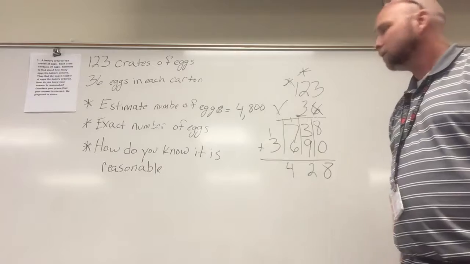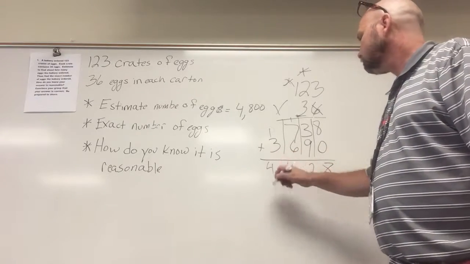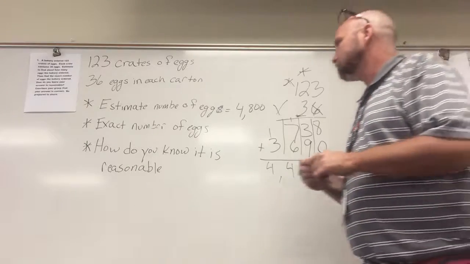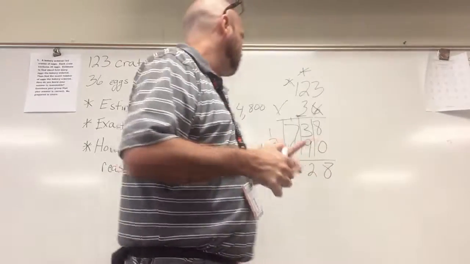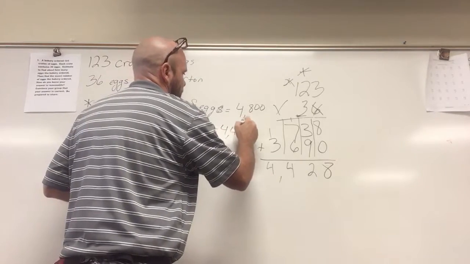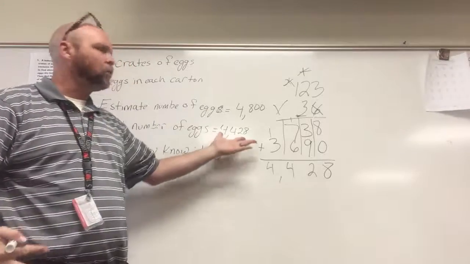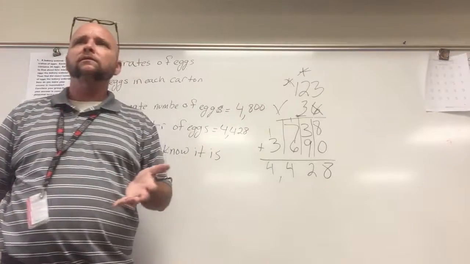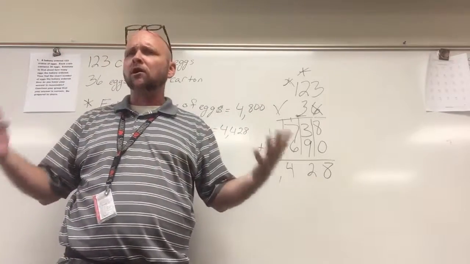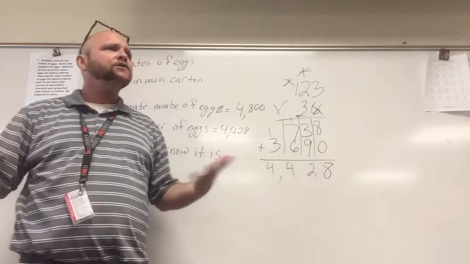Carry my 1. 3 plus 1 in my thousands place. So we should have gotten an answer of 4,428, my exact answer. Is our estimate somewhere in the ballpark of 4,000 or 4,800? Yeah, it's somewhere in the ballpark. It's somewhere near correct. Okay, so we're doing all right.